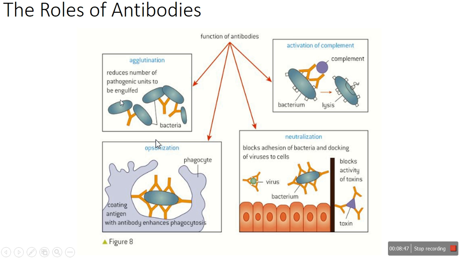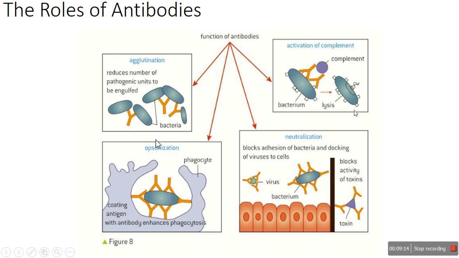That large agglutinated mass is often filtered by the lymphatic system and then engulfed by phagocytes. It can be very dangerous if it happens in your blood supply, because it can cause blockages in your blood.